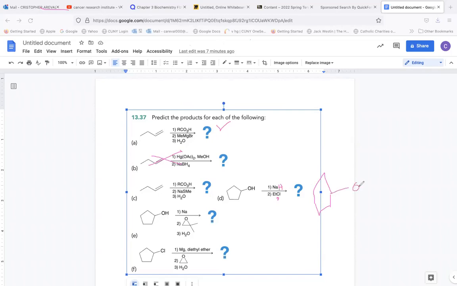The O. It's gonna look like that. Why? Because it lost that and then it attacked this. We did like 3 pounds of that. It's the same problem as the first one we did. That was not that bad.